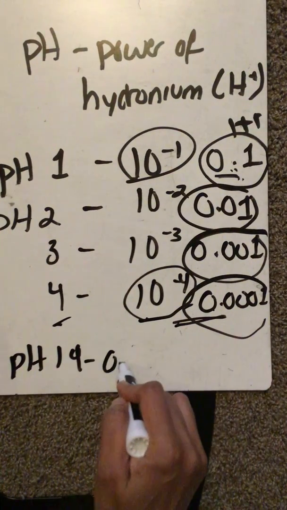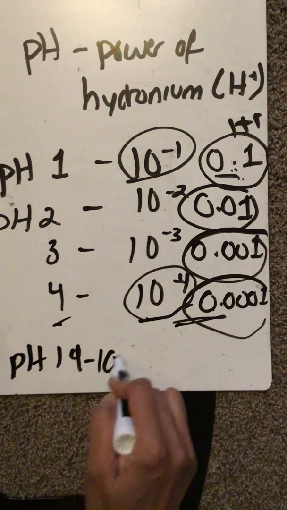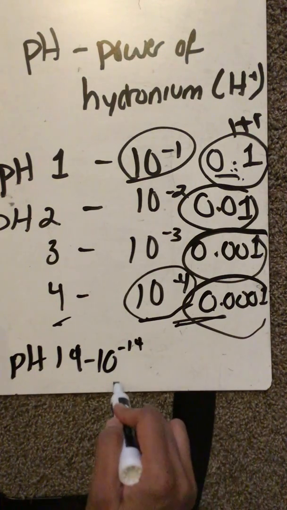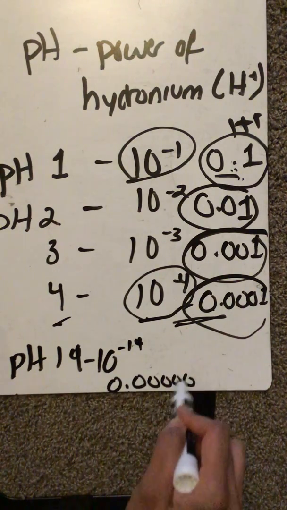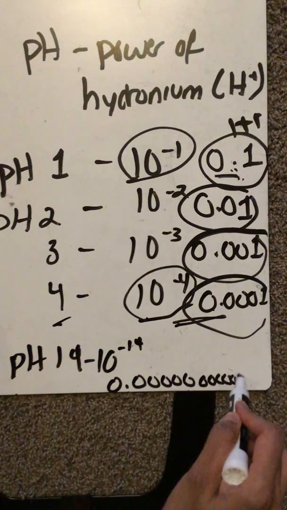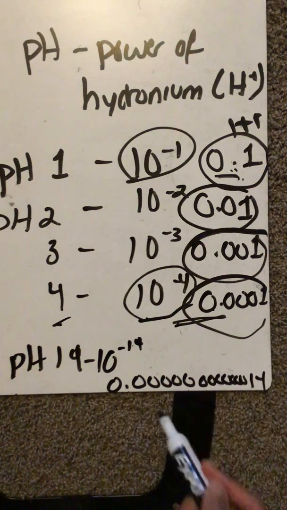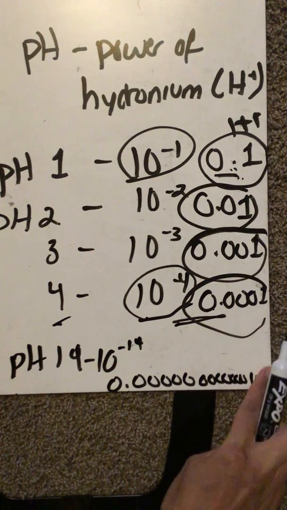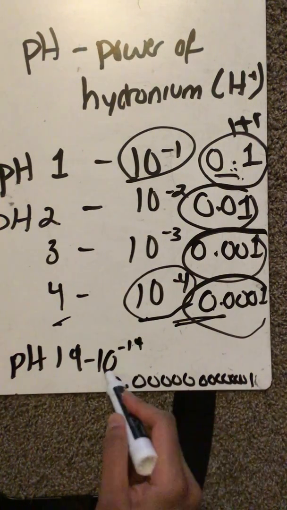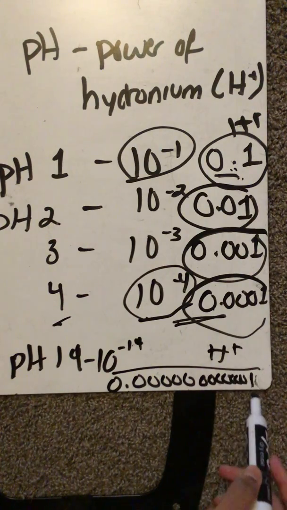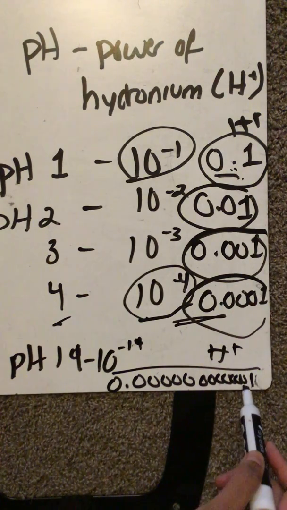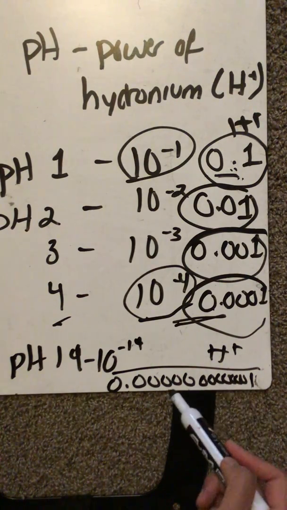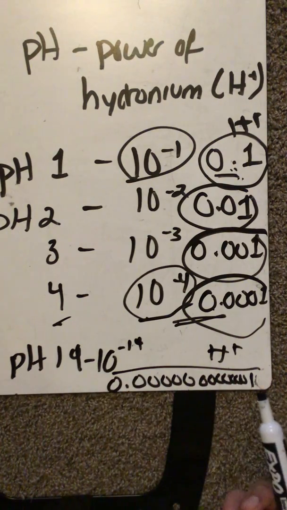Your concentration of hydrogen is 10 to the negative 14, which is 0.00000000000001. That is the concentration of hydrogen. You barely have any hydrogen, very, very small amounts, when you get to pH 14.